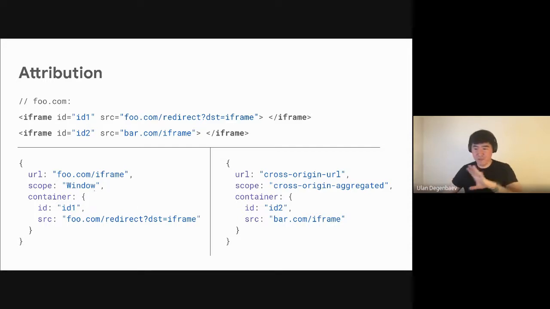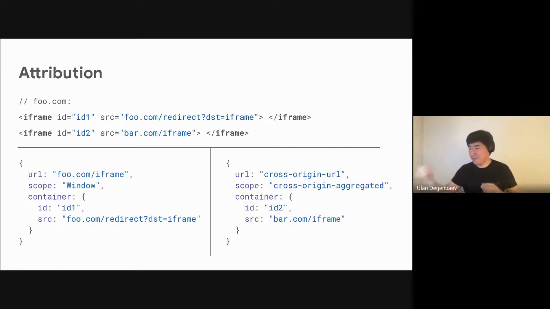Why we need this is for the case of cross-origin iframes. In that case, we cannot give the current URL, because that one would be leaking information. So instead, we provide some sentinel value. If you have better suggestions, welcome. So for now we are going with a cross-origin URL, and for the scope, we are not even saying that it is a window, because the iframe itself could contain other iframes and could start workers.